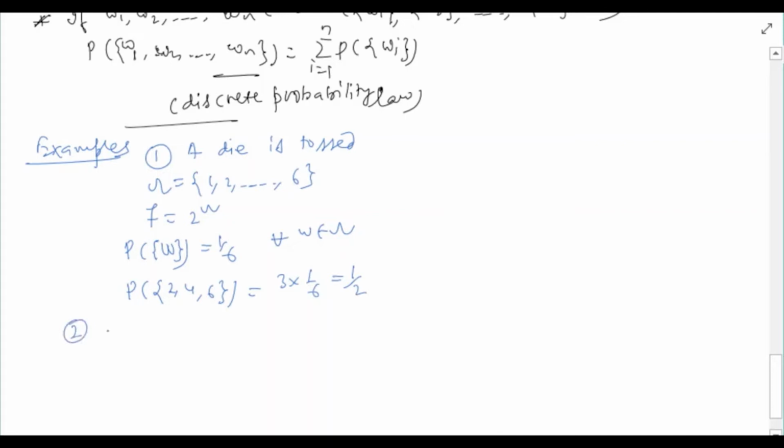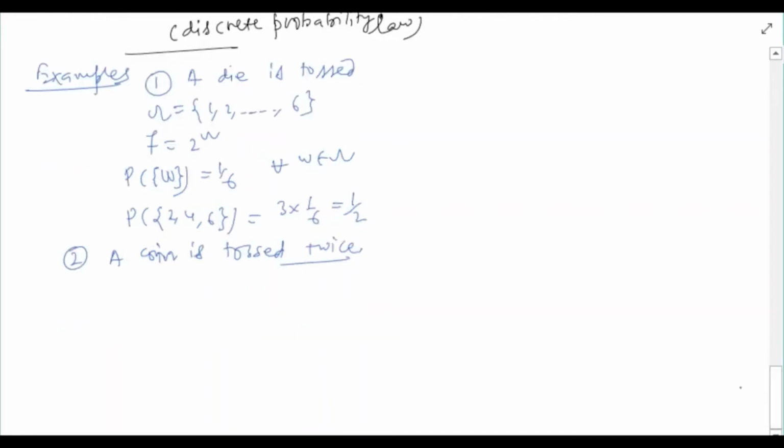Let's see another example. Now consider the experiment where a coin is tossed twice. Now the sample space is HH, HT, TH and TT. As before, the event space will be power set of the sample space.